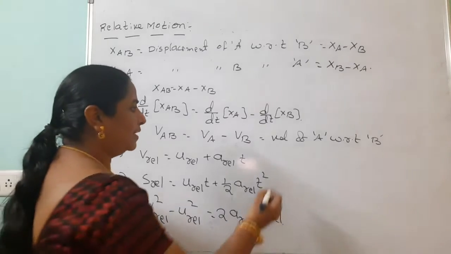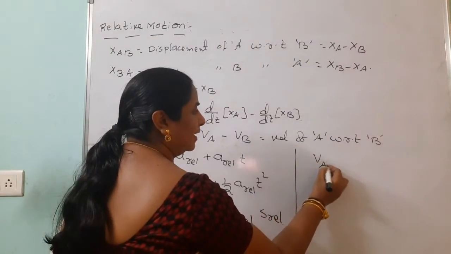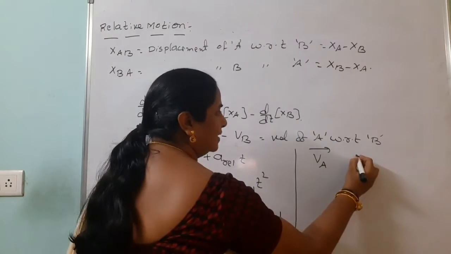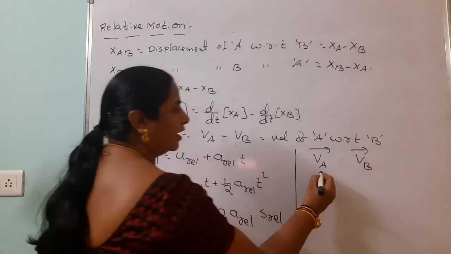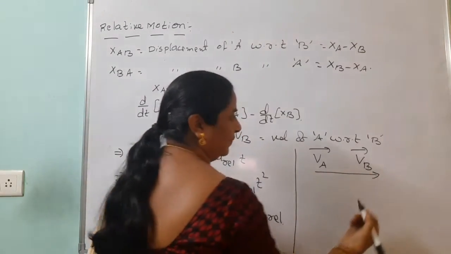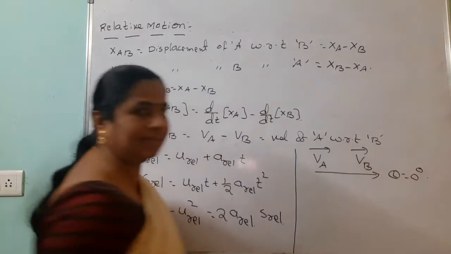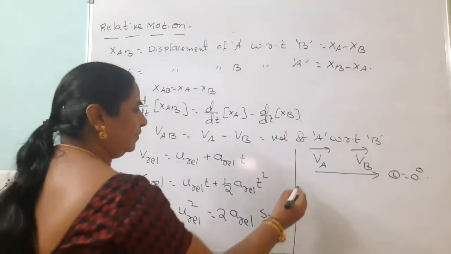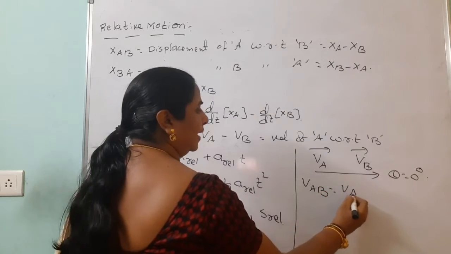Then a few more applications we are discussing. Suppose this is the velocity of car A and this is the velocity of car B. Both are moving in the same direction, so the angle theta equals 0 degrees. In this case, we write VAB equals VA minus VB.